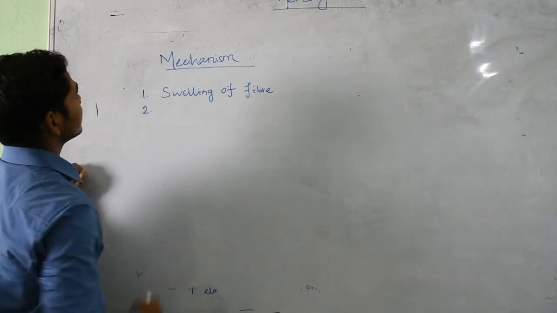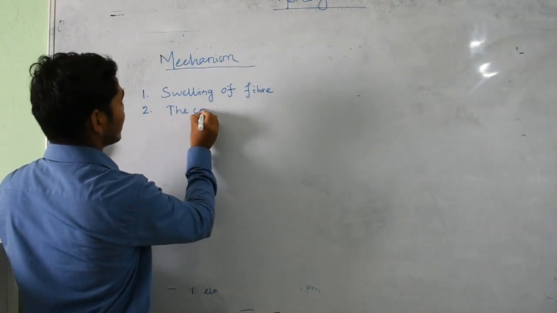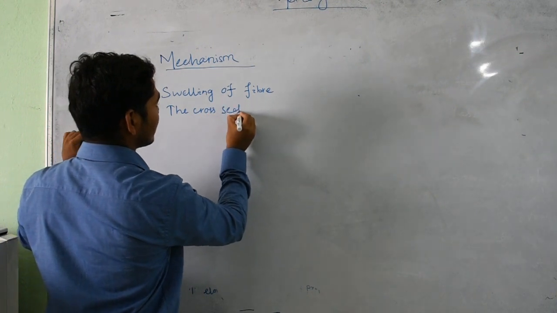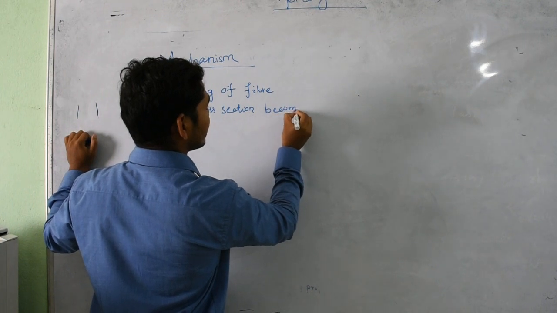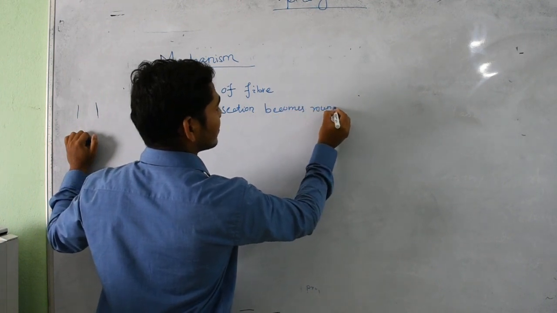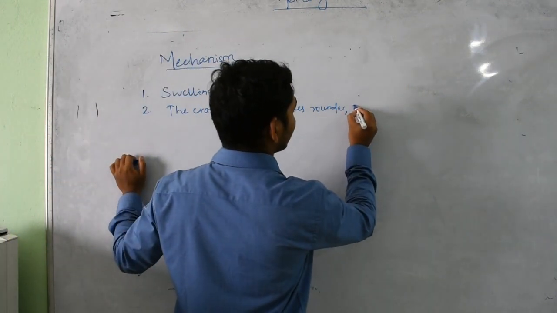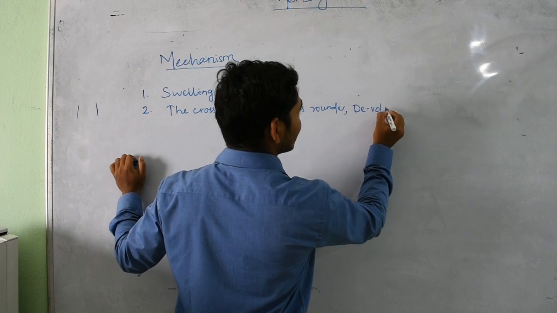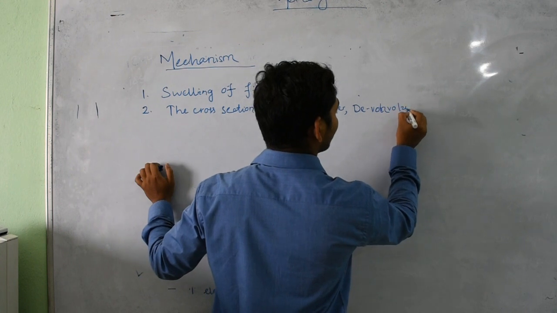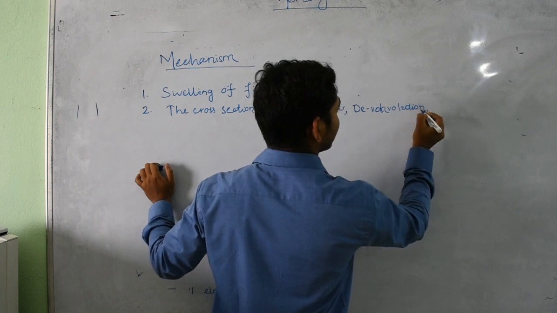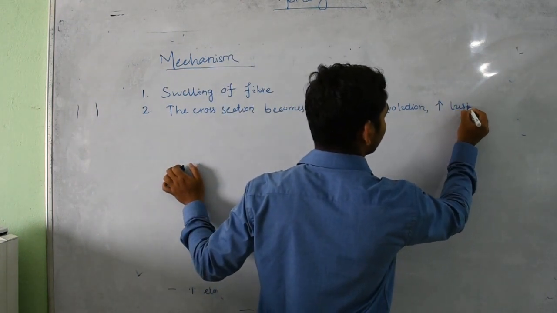The second change is the cross section becomes rounder. The convolutions are removed, that is deconvolution. And also there is an increase in luster.